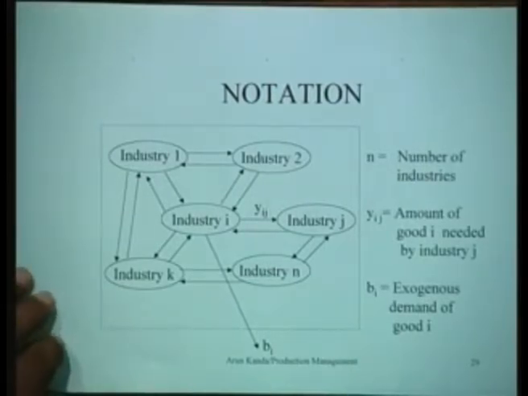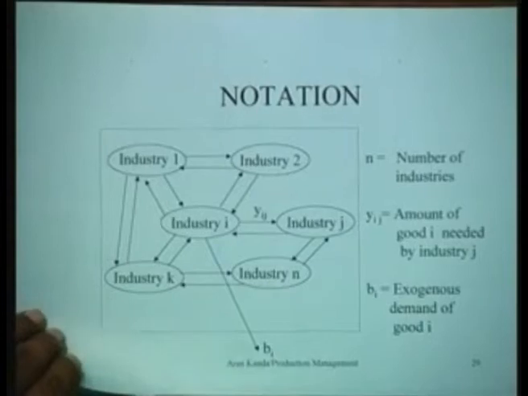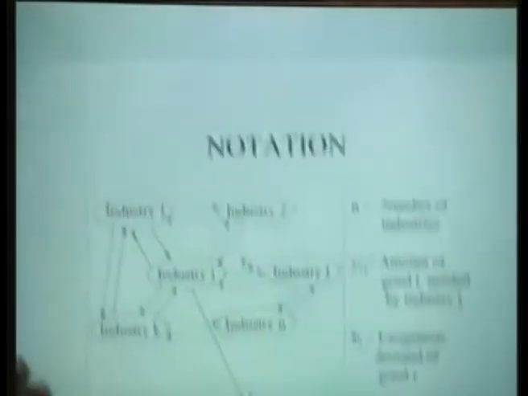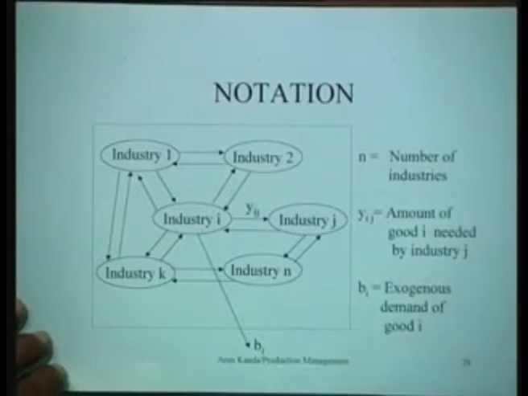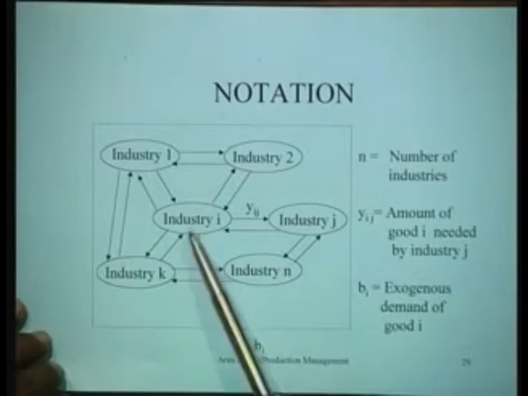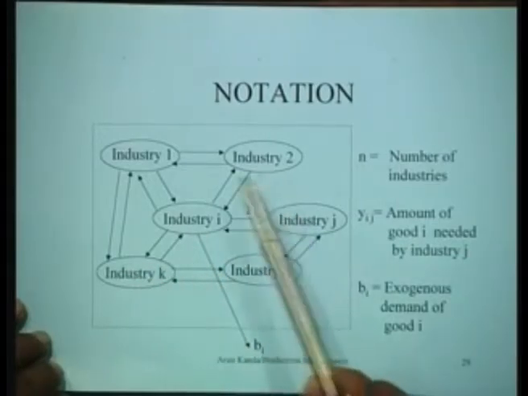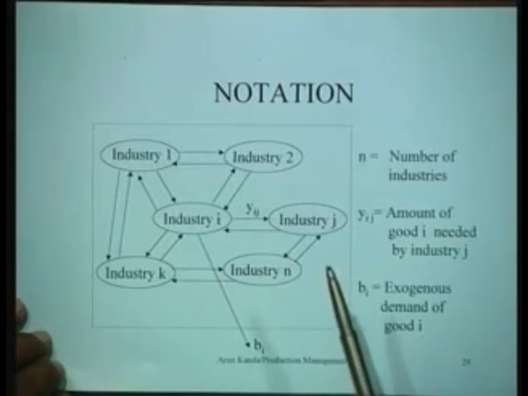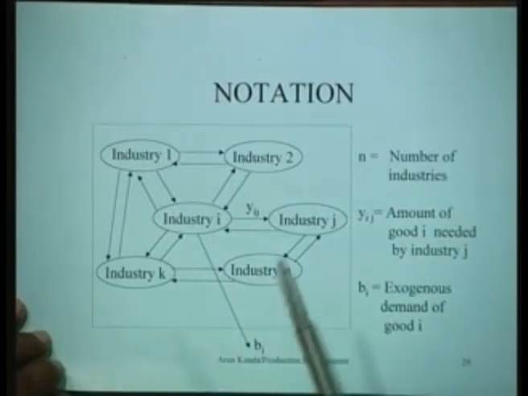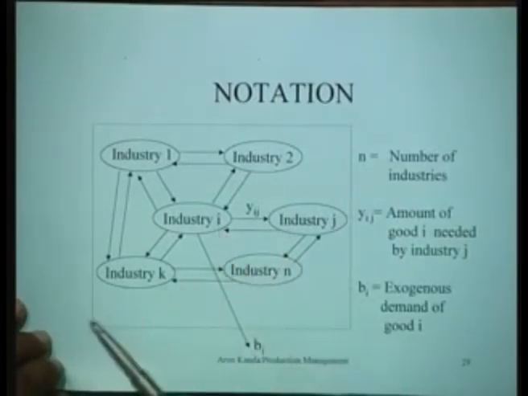What we find here is that there are two types of things that we can do. First of all, our intention is to find out the production of each of these individual industries, number one, and the second objective is to find out what would be the prices prevailing in the economy. These two things Leontief's model gives us.